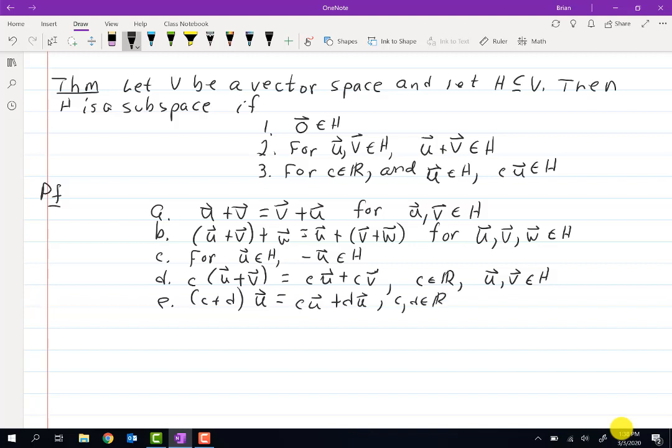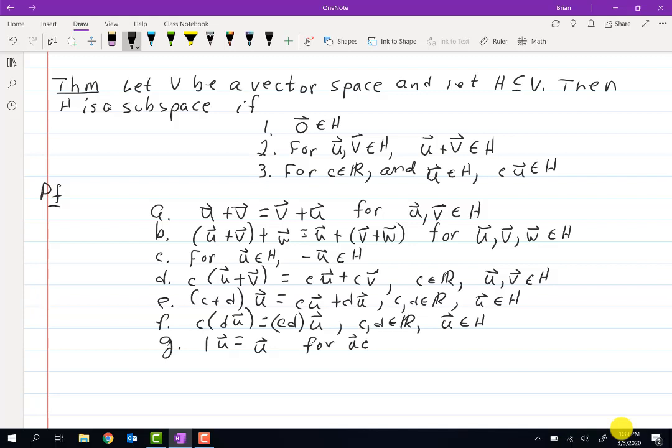This is where C and D are scalars, and U is in H. For F, we have an associativity type property where C times DU equals CD times U, where C, D are in the reals and U is in H. And last, we want to show that 1 times U equals U for U in H. All right, so we're going to assume that H has these 3 properties.